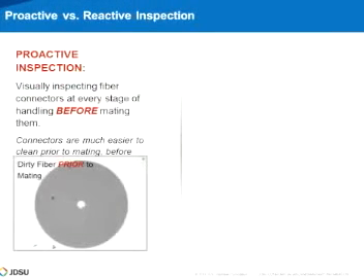As Brad mentioned earlier, the best practice of handling fiber should be proactive inspection and cleaning versus reactive inspection. If you're handling fiber, you will get a fiber that will probably be dirty. It can be dirty from your supplier, and it can be contaminated while handled.